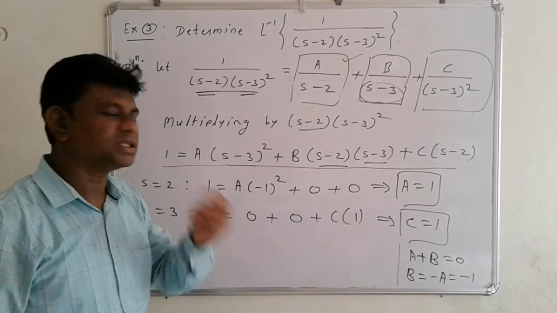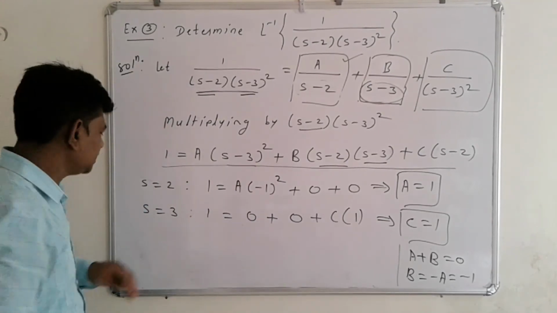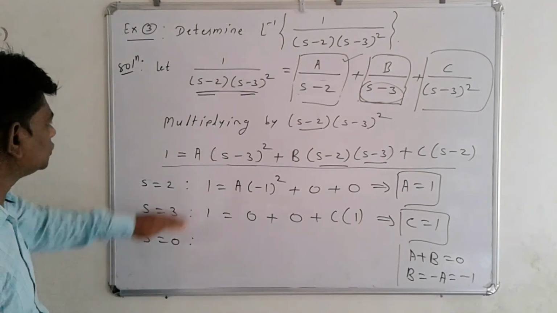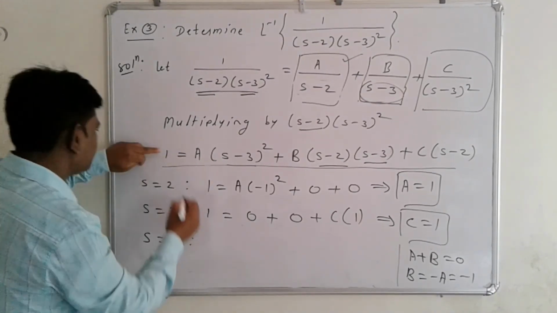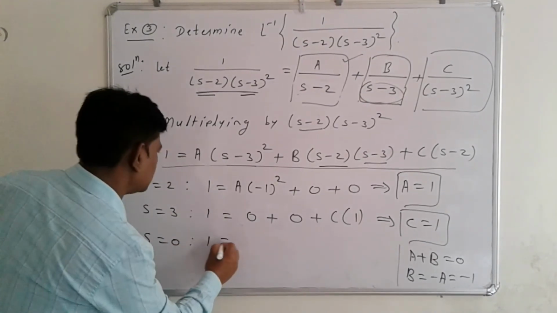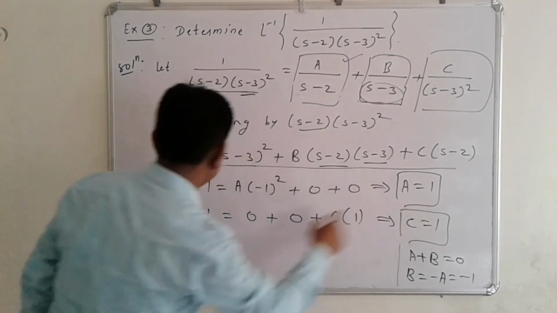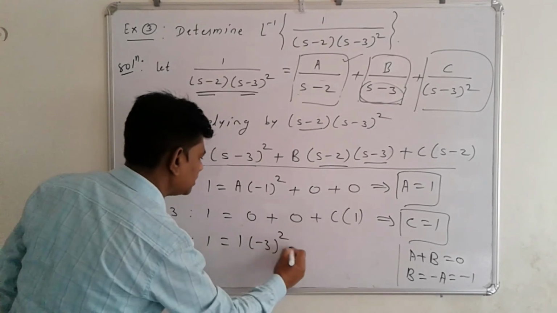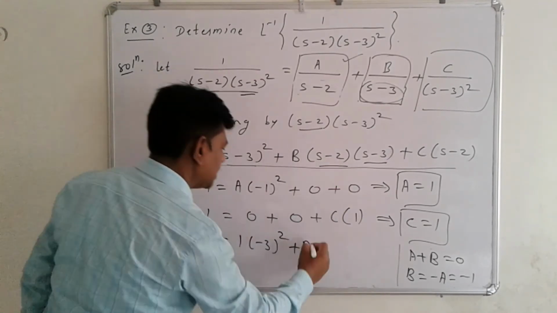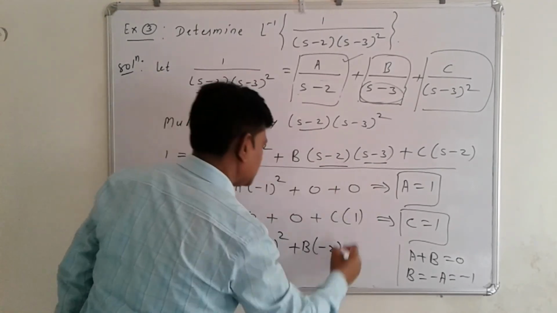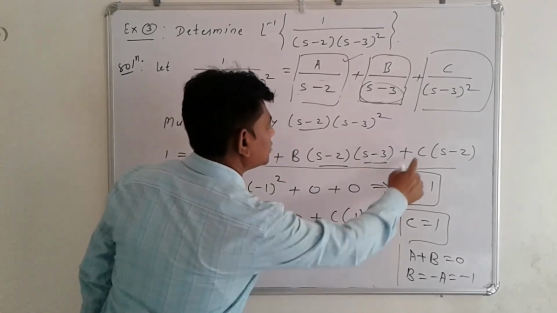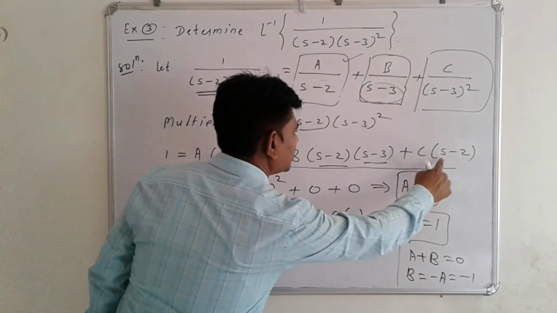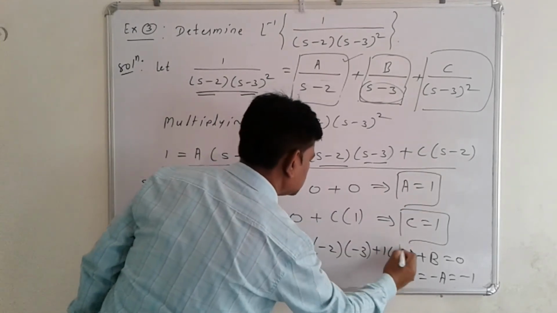Now another method, by choosing s equal to 0. So by using s equal to 0, in here 1 is equal to A times (0 minus 3) square, plus B times (0 minus 2)(0 minus 3), plus C times 1 times (0 minus 2).